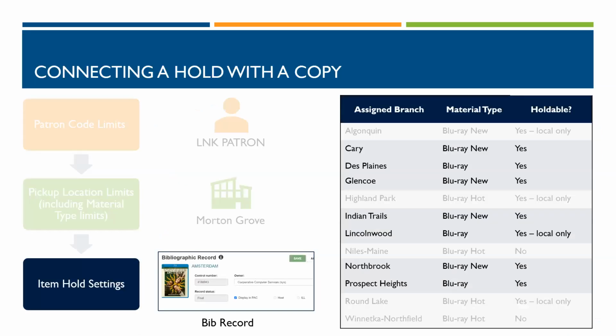Let's apply this to our hold example from the last section. So where we left off, we placed our hold and we know which items are eligible to fill our hold. So Polaris just now needs to find an available copy to fill it. So for example purposes, we will say all of these copies are available and on shelf.